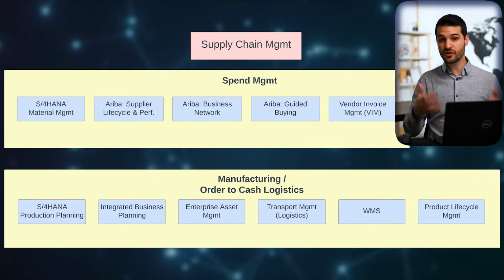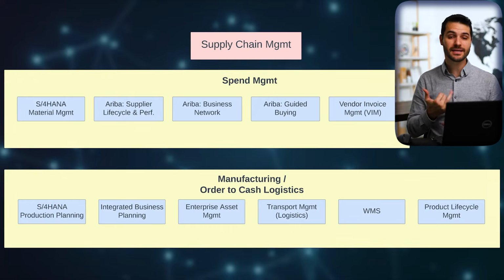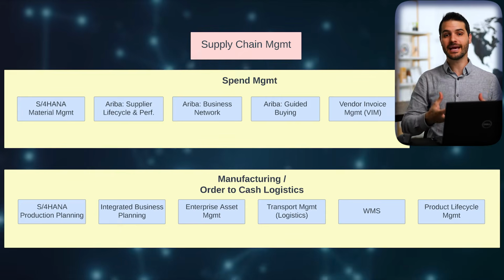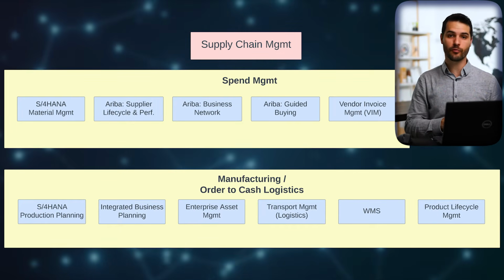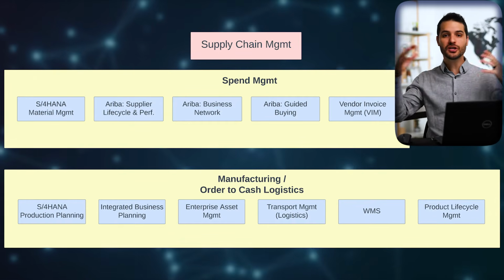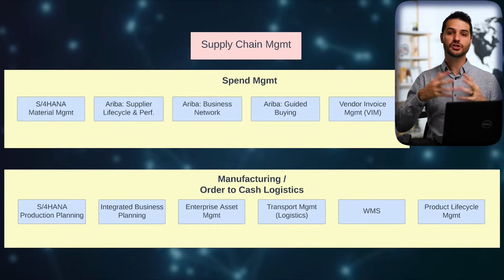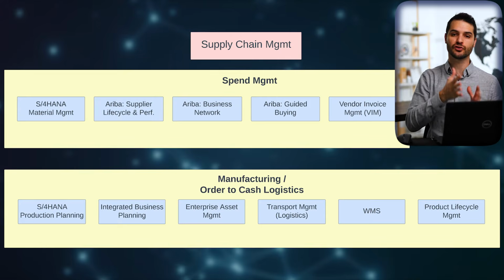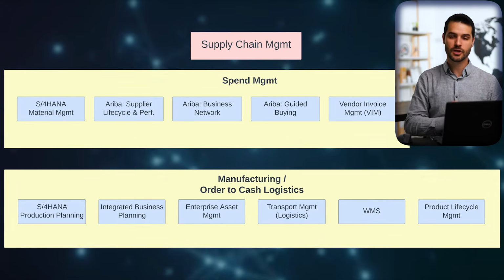If you have a manufacturing plant, you might need to rely on something like plant maintenance or enterprise asset management to actually facilitate and maintain whatever equipment and plants that you have for the sake of manufacturing. So you're going to use some combination of the various products that you see on these two tiers to achieve both your spend management requirements as well as your full manufacturing and supply chain management requirements. So that is that business function.